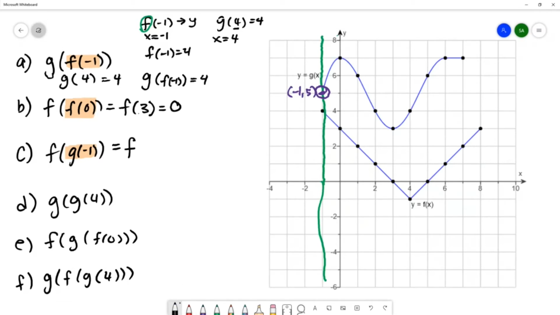I'm replacing g of negative 1 with 5. And now I want to find f of 5. And an x of 5 is here. I'm interested in f of 5, so I want to be on the graph of f. That ordered pair is 5, 0. So f of 5 is 0. Let's take a look at the next one. In the next one, we want to find g of 4.